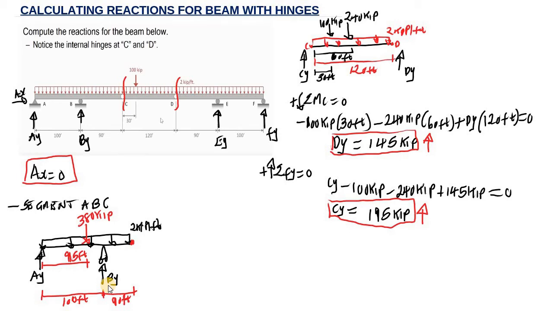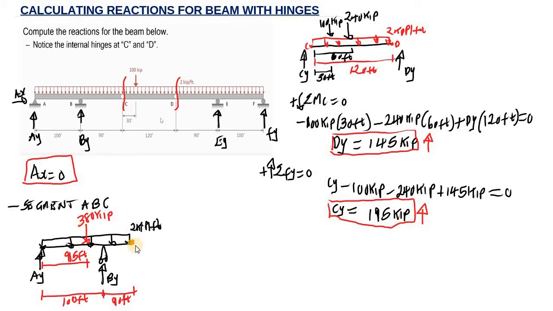And you need to know that we calculated CY, which is an internal force, to be 195 kip. Now if we take a look at segment ABC, this is going to act downward because to the right of ABC, this is acting upward, as you can see. So to the left, it is going to act downward in order for us to satisfy equilibrium, because when we calculated CY using CD, we got 195 kip acting upward.